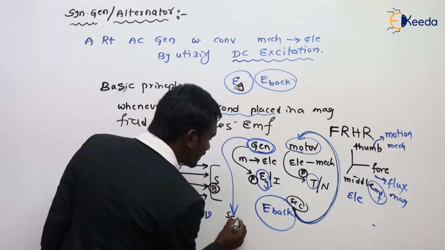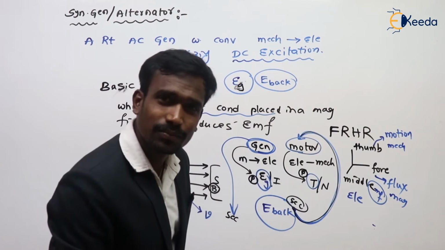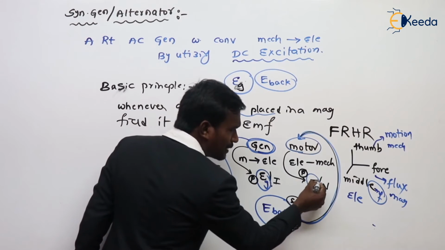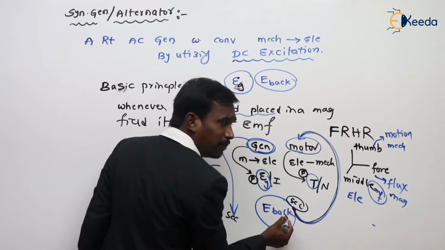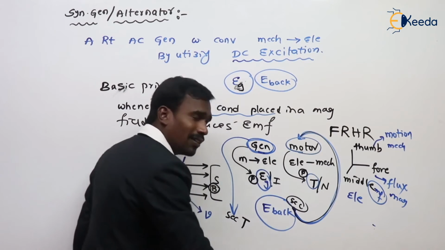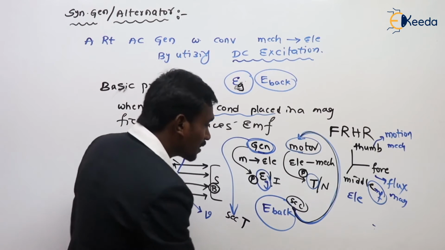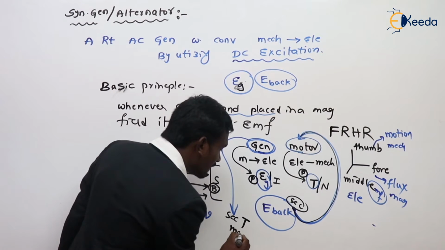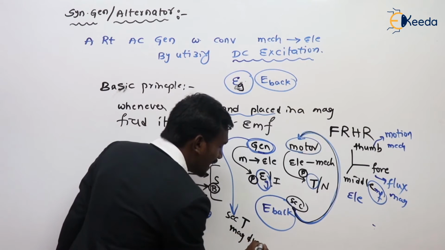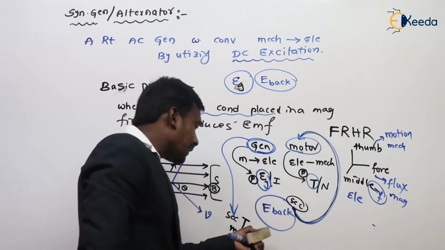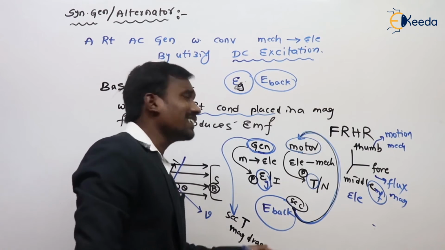Then what is the secondary concept? For the motor, the primary concept is torque and the secondary concept is EMF. For the generator, the primary concept is EMF and the secondary concept is torque. That is called back torque, or magnetic drag. Reverse EMF, reverse torque, or magnetic drag.